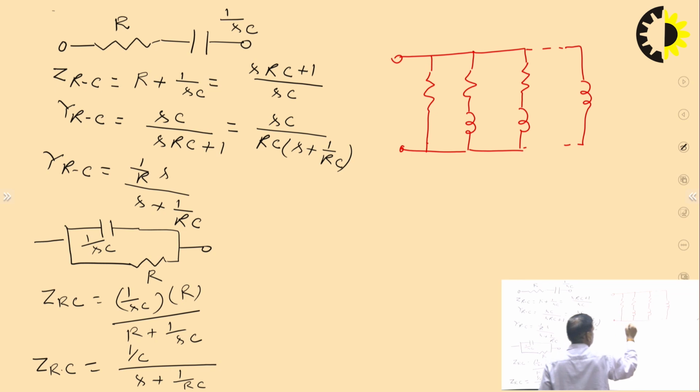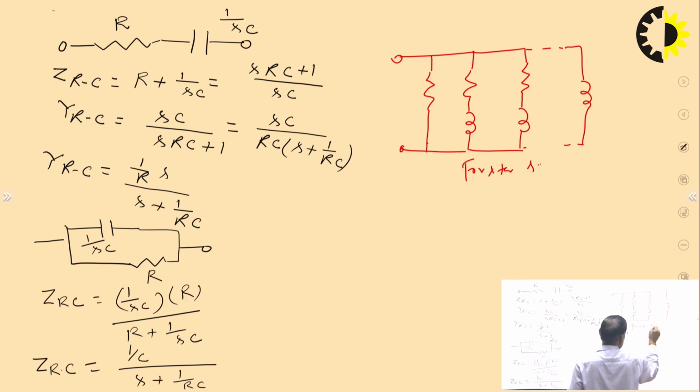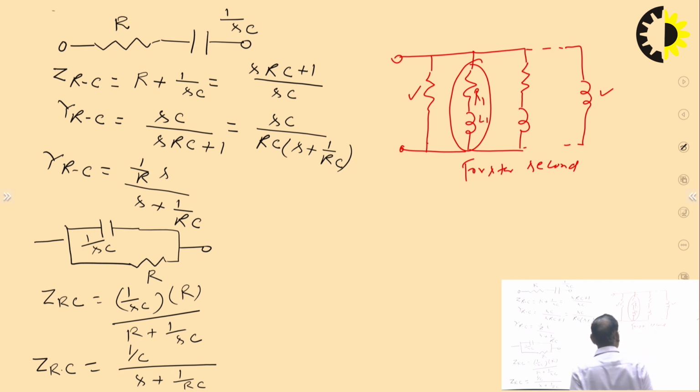This is the Foster second. So this is the general representation of Foster second. We can get this easily from the comparison of the partial fraction expansion. The problem lies here. How will we get this R1 and L1 in case of Foster second?